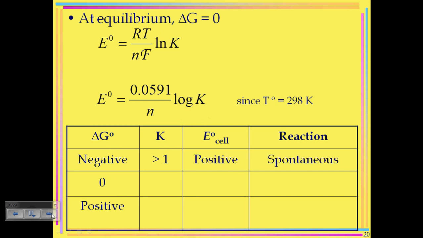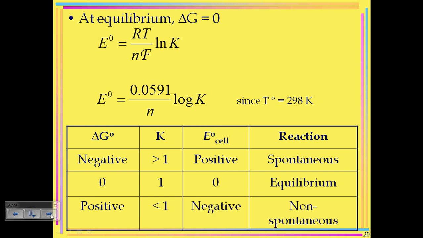You can see the relationship between delta G, K, and E0 in the next cell right here. So delta G0 is negative, then K is greater than 1, E0 cell is positive, and reaction is spontaneous. At equilibrium, delta G0 is 0, K is 1, E0 is 0.